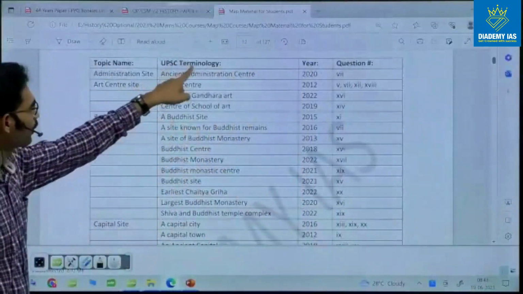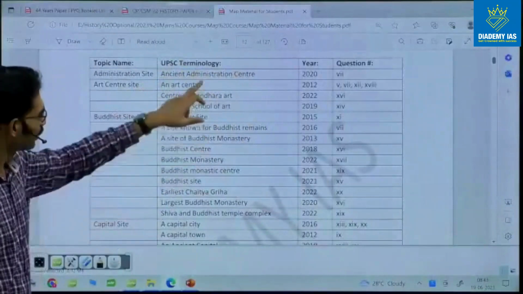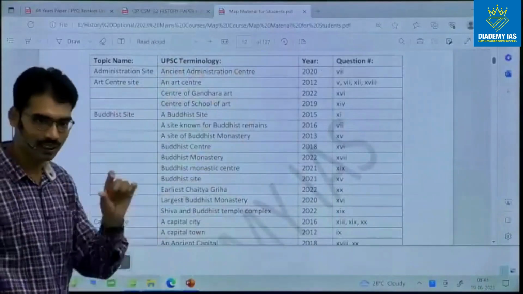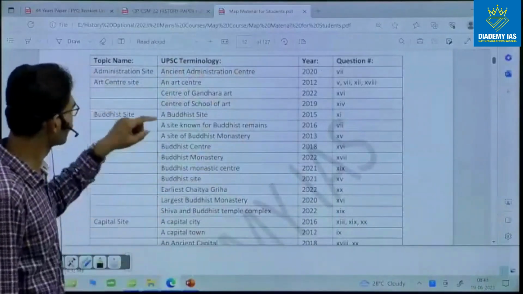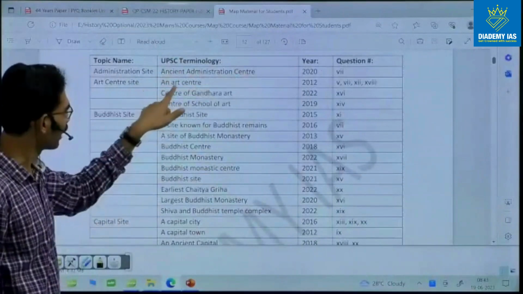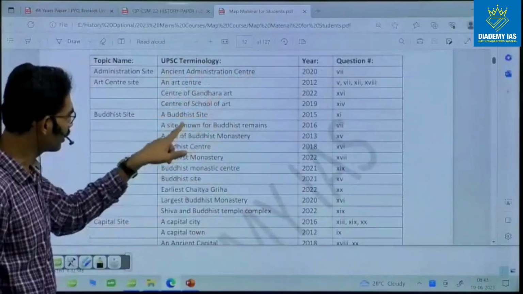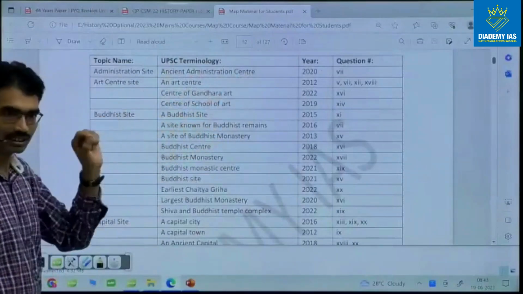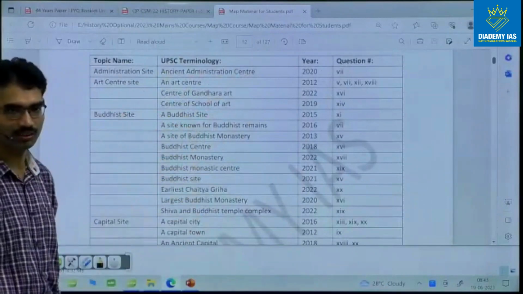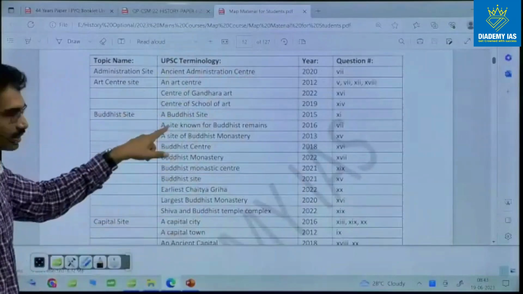You see this part, UPSC terminology. These are the ways, how many number of ways UPSC can ask that particular question. Ancient administration center, an art center, Gandhara art, school of art. When it comes to Buddhist site, just Buddhist site, but in how many ways it can ask the Buddhist site alone. These are the number of ways.